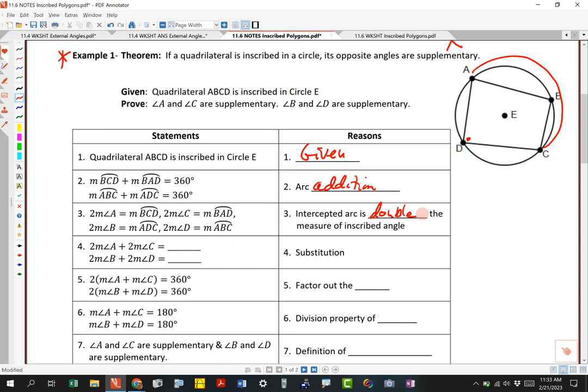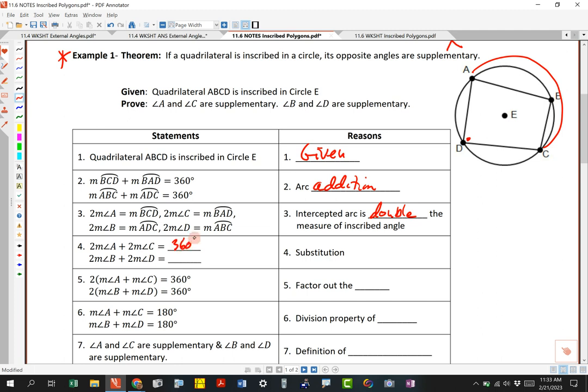Okay, next statement. 2 times the measure of angle A plus 2 times the measure of angle C equals something right here, and it gives a reason. The reason is substitution. So take a look. 2 times the measure of angle A plus 2 times the measure of angle C. 360. Yeah, 360 degrees.